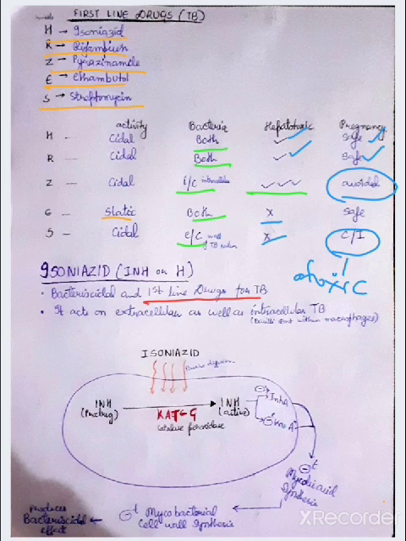So firstly, we'll see INH or isoniazid. It's a prodrug. In the presence of KatG, catalase peroxidase, it gets converted into active INH.